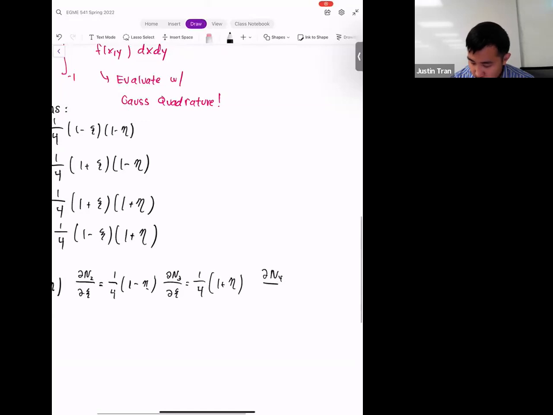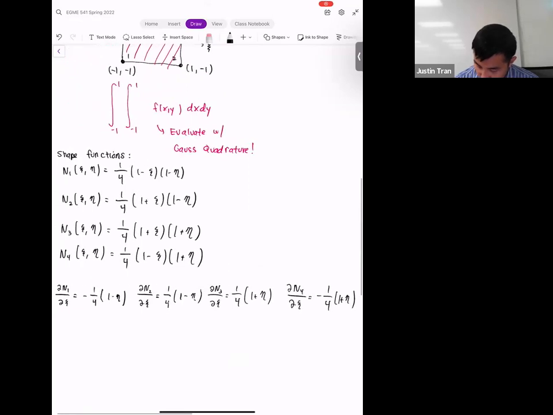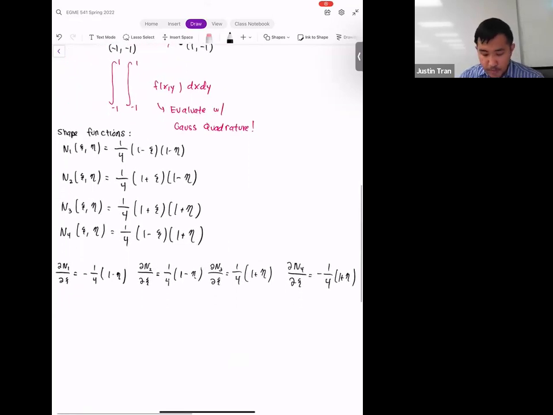Those are all the derivatives with respect to epsilon.